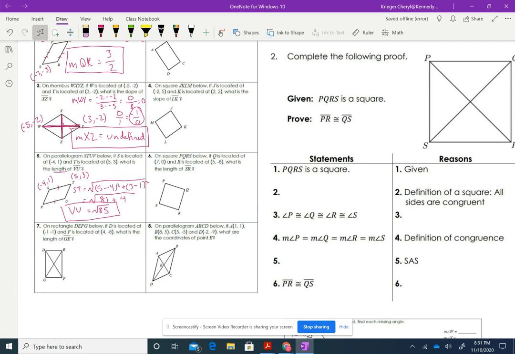Okay, so number 7, rectangle DEFG. D is located at -1, -1. And F is located at 4, -8. What is the length of GE? So we know that in rectangles, the diagonals are congruent, right? So DF is going to equal the same distance as GE. So same thing. We're going to use the distance formula.